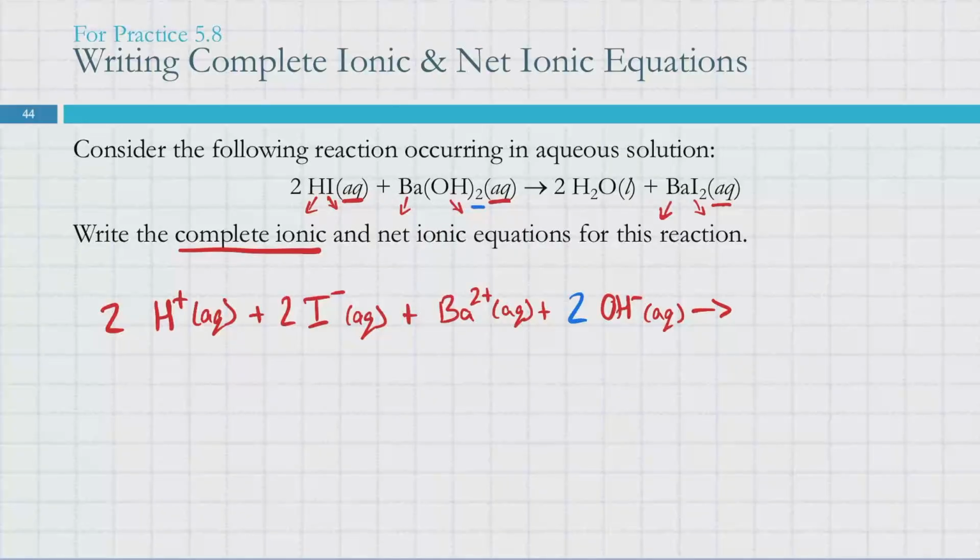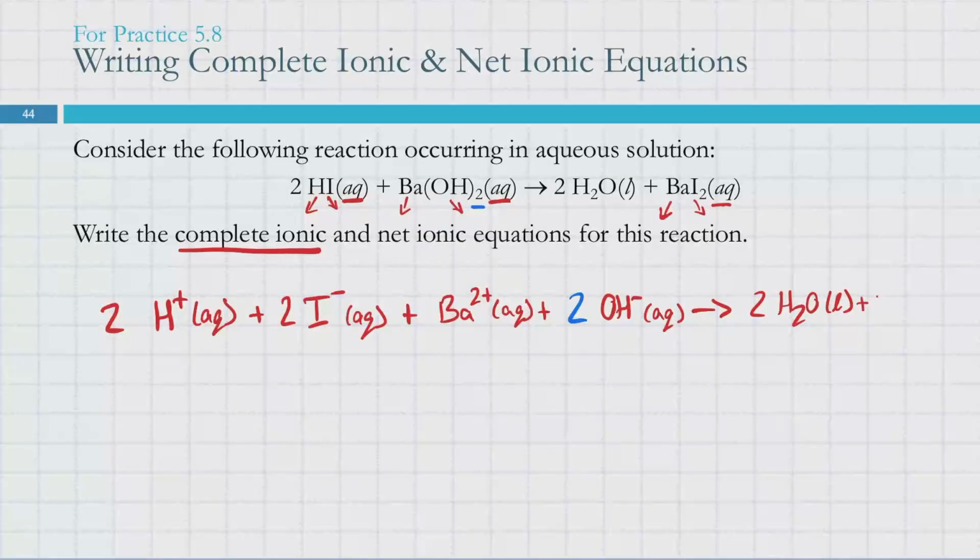Draw in our arrow. On the product side, we have 2 H2O. How do we split up H2O? We do not split up the H2O. Trick question. Why don't we split up the H2O? It's not aqueous. It's a liquid, so it stays as a liquid.